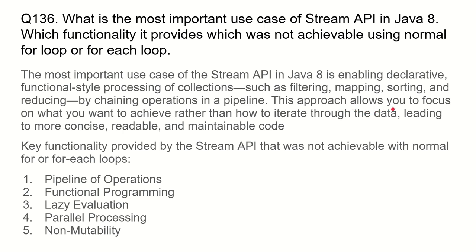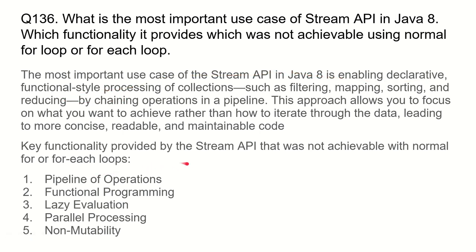This approach allows you to focus on what you want to achieve rather than how to iterate through the data, leading to more concise, readable, and maintainable code. So it's not that it is doing something which was not achievable using a normal for each loop, just that it is enabling declarative functional style processing.